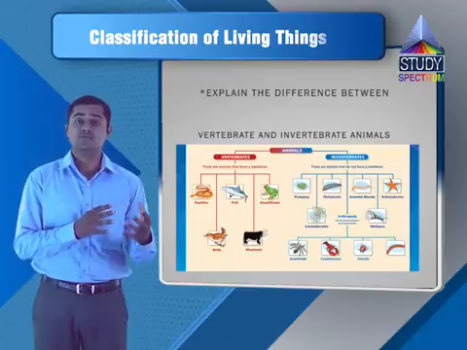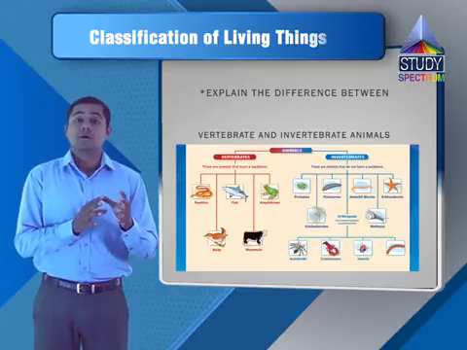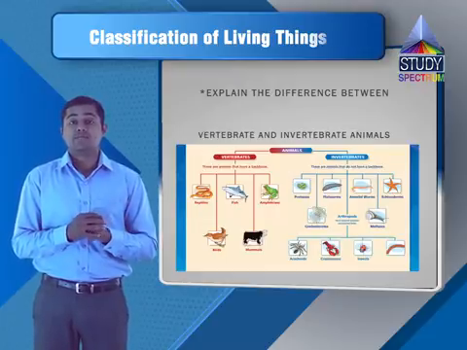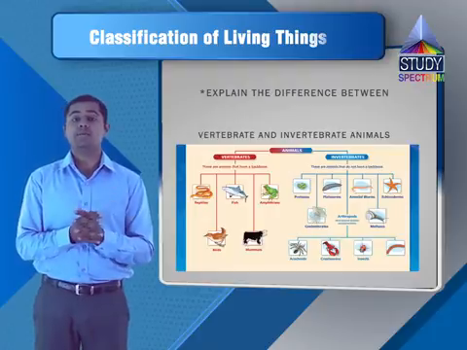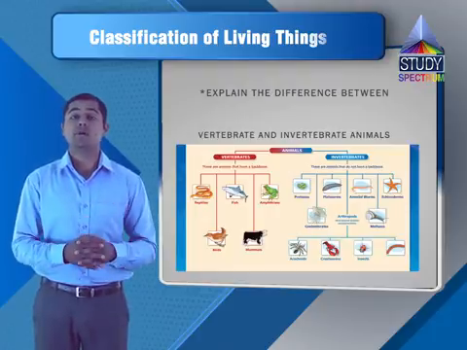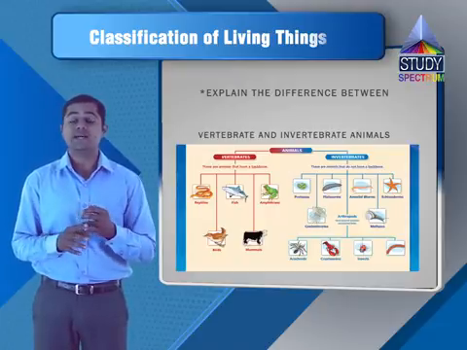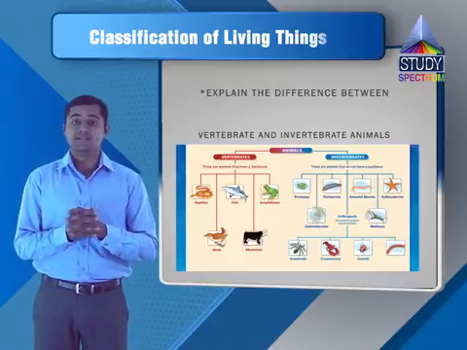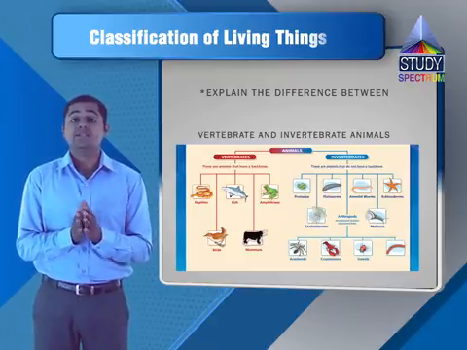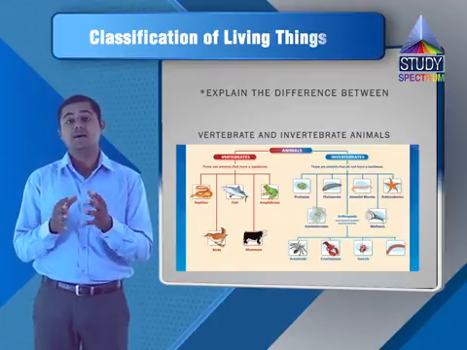Snakes, lizards, fishes, cats, dogs, lions, monkeys, human beings. These are vertebrate animals. They do have a vertebral column. But on the other hand, insects, snails, cockroaches, spiders, crabs, these do not have any vertebral column. So these are invertebrates.